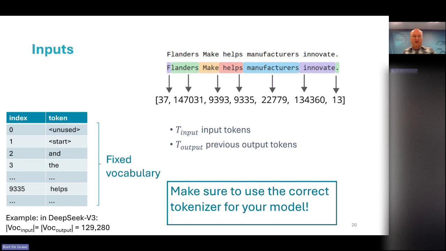So this is a sub-sentence tokenization, which is the common way for state-of-the-art models to work. For example, Flanders is not in the standard vocabulary of this tokenizer, but Landers is. So it needs 2 tokens to encode Flanders here.